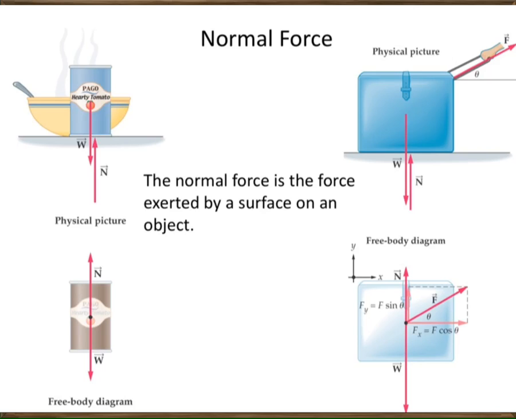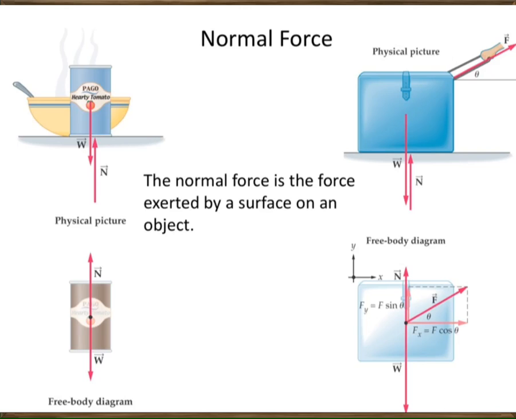So in order for those objects to stay at rest, there must be another force in the opposite direction to its weight. If you think of the free body diagram, there is only one force pulling it down. But since it stays at rest, there must be another force on the same object in the opposite direction, and this force must balance its weight. Okay?